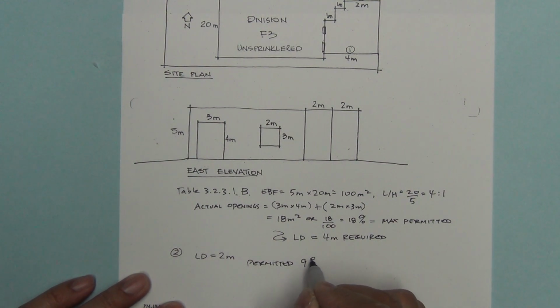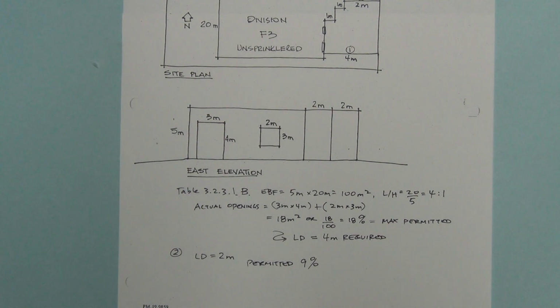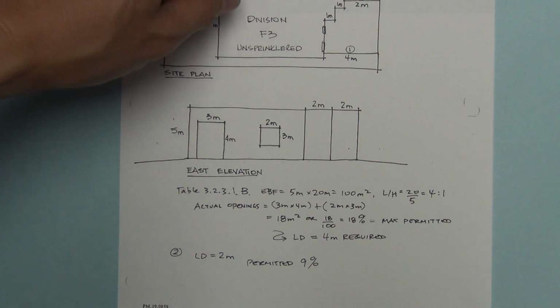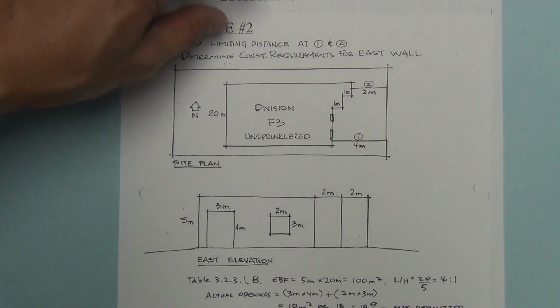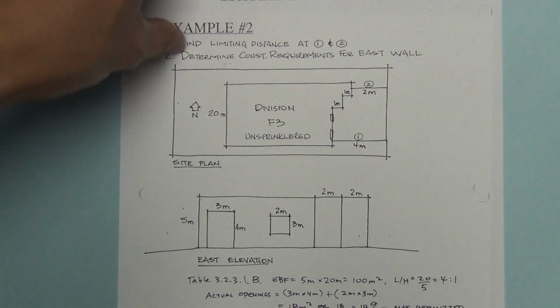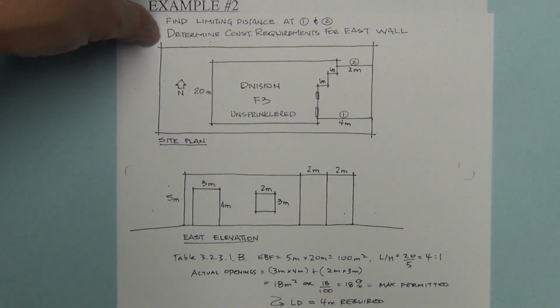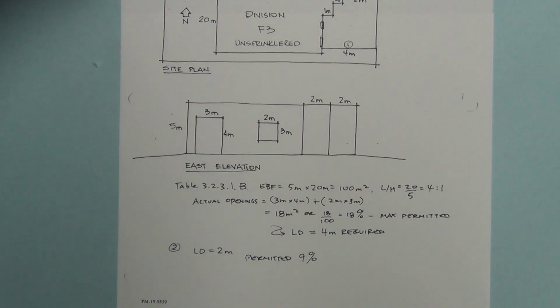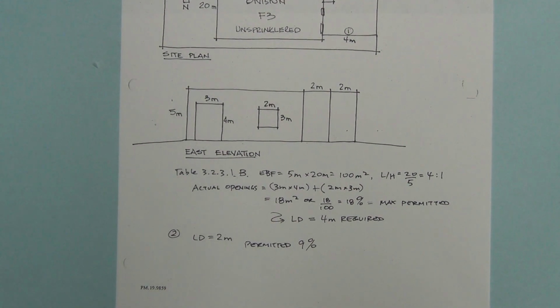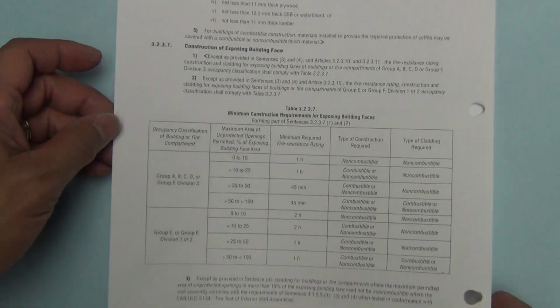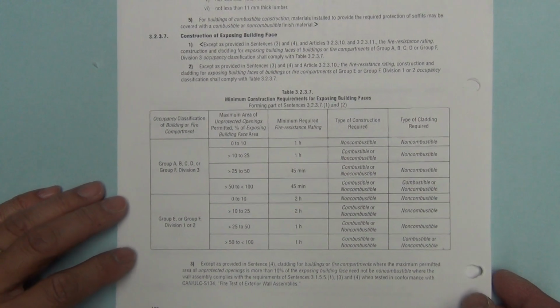So that's the permitted number if there was an opening in the closest portion of the building, which is here. But we also take this 9% and apply the construction requirements. The construction requirements, of course, is given by table 3.2.3.7.